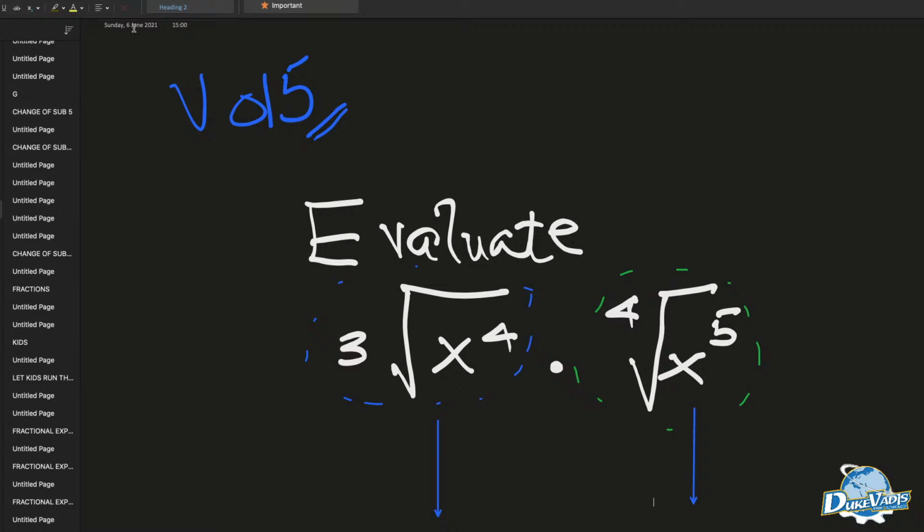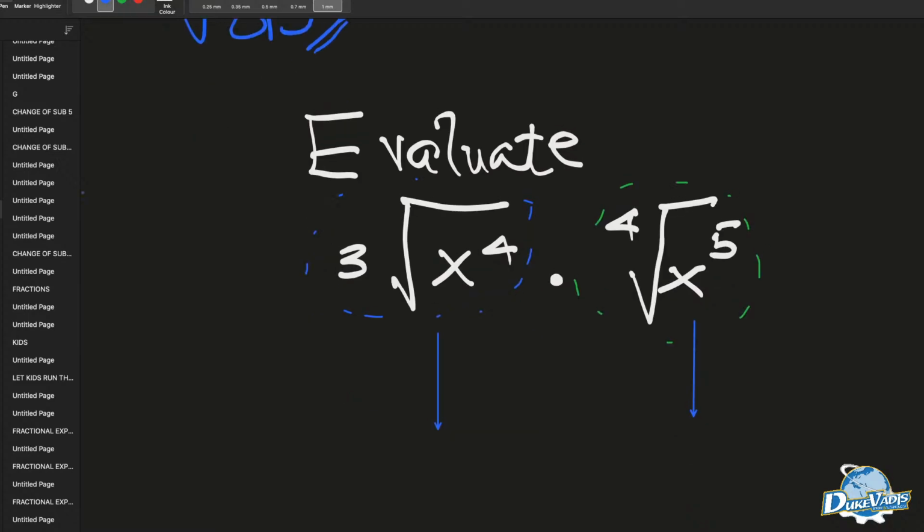If we look at it very carefully, then our issue is solved in the sense that because of the 3 here, it makes the whole expression a cube root. And because of the 4 we have over here, it makes the whole expression a 4th root. Do you understand it?